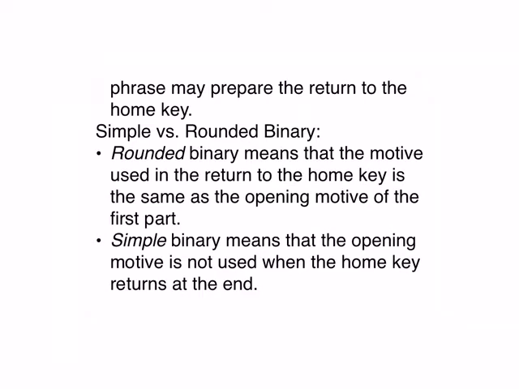When the opening theme returns along with the return of the home key, this is called a rounded binary form. If this does not happen, then we call that a simple binary form. So again, rounded means the return of the home key also means the return of the opening motive or theme. Every other variant of that is a simple binary form.